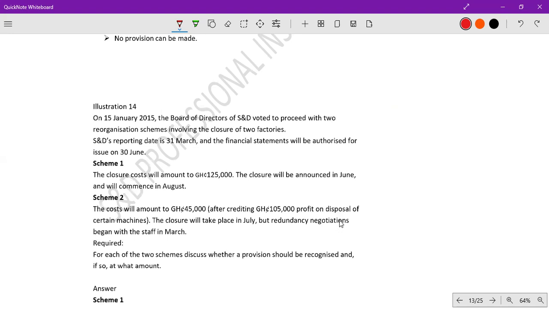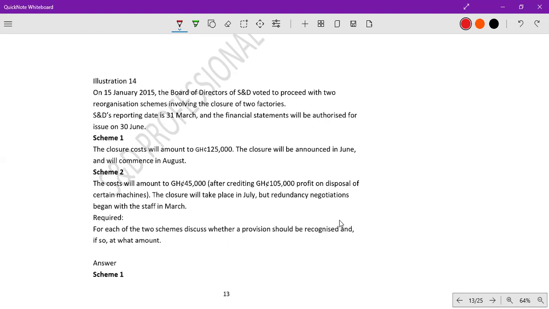Illustration 14. On 15th December 20, the board of S&D voted to proceed with two reorganization schemes involving the closure of two factories. S&D's reporting period is 31st March each year, and the financial statements were authorized for issue on 30th June. On Scheme 1, the closure cost will be 125. The closure will be announced in June and will commence in July.